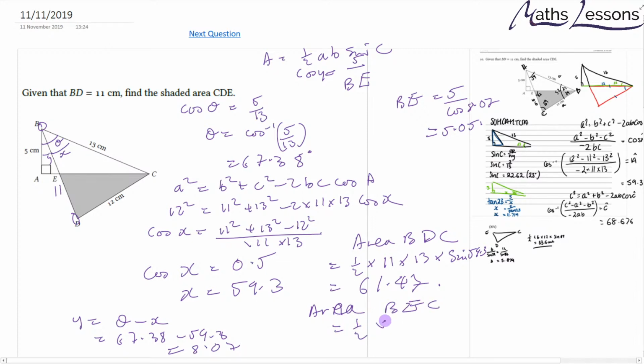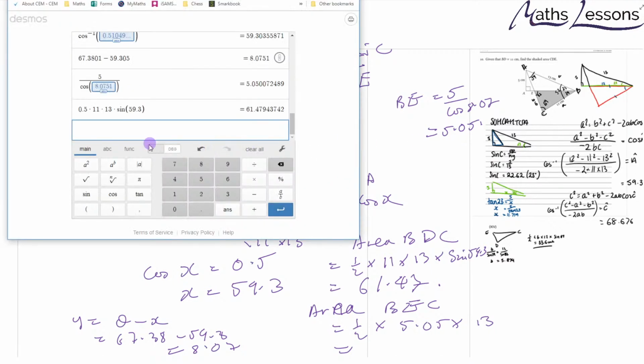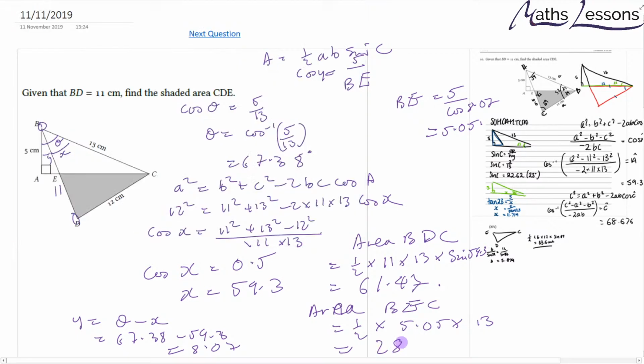That's equal to a half times by that distance 5.5 times by, calculator, 5 times 5 sine, and it was the same angle, wasn't it? 28 sine of 53.